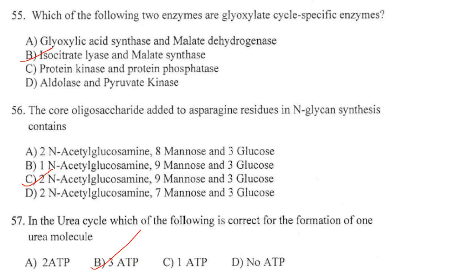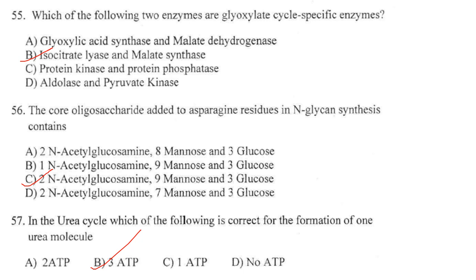Then, which of the following two enzymes are glyoxylate cycle specific enzymes? They are isocitrate lyase and malate synthase. Answer is option B. Then next one. The core oligosaccharide added to asparagine residues in N-glycan synthesis contains 2 N-acetylglucosamine, 9 mannose and 3 glucose residues.